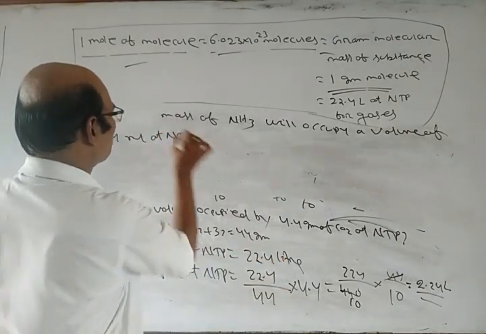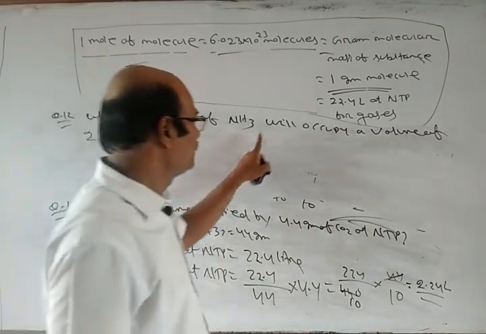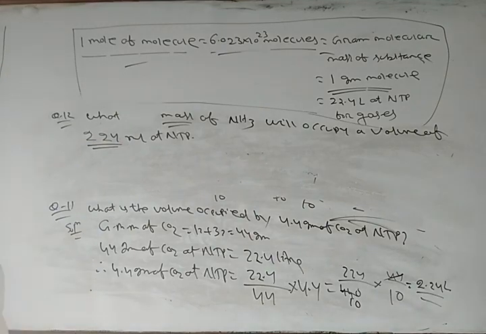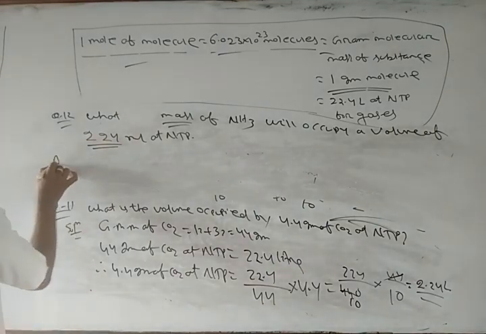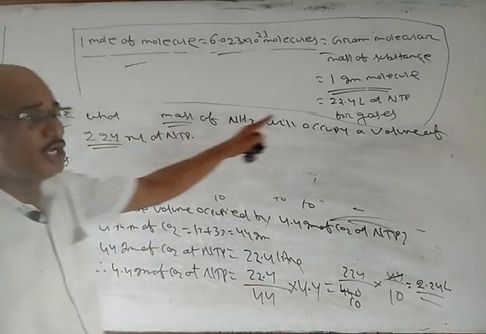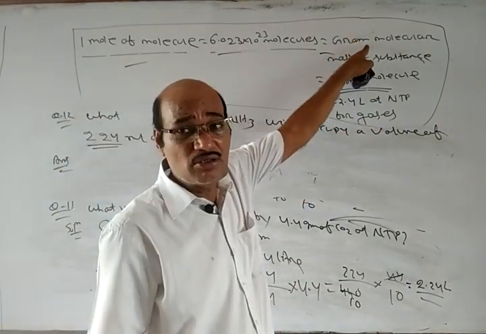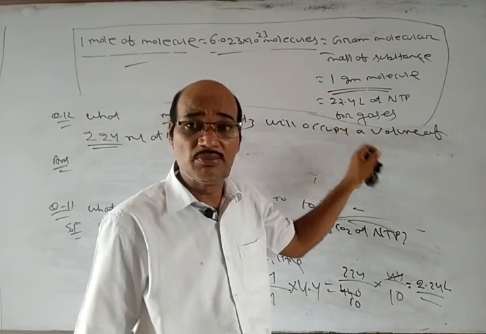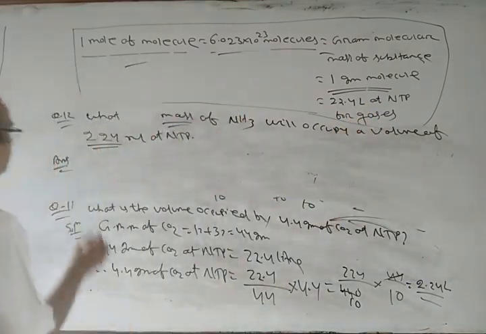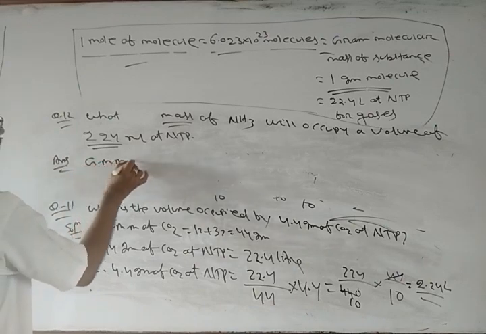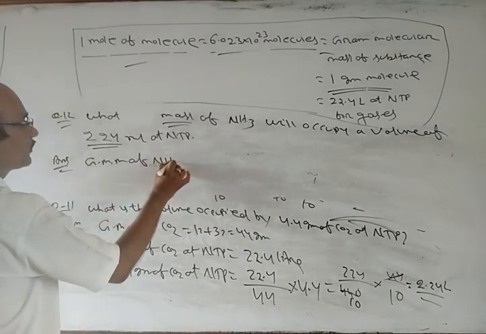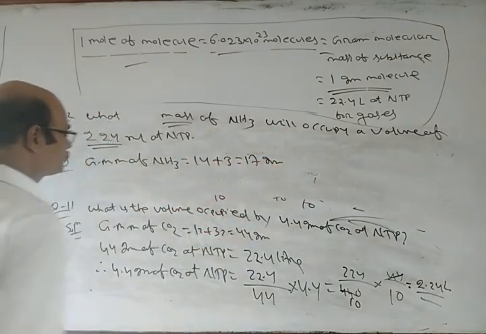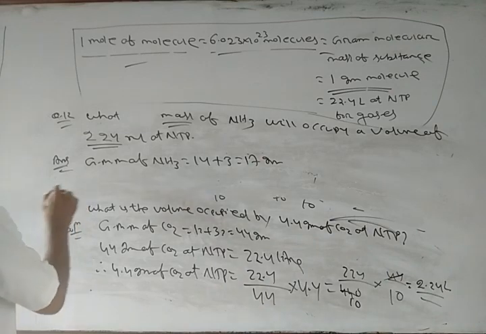Mass is asked. So what will we do here? We will relate mass to volume. And what do we know? Gram molecular mass equals 22.4 liter or 22,400 milliliter at NTP. So first of all, the gram molecular mass of ammonia equals 14 plus 3, which equals 17 gram. Okay.